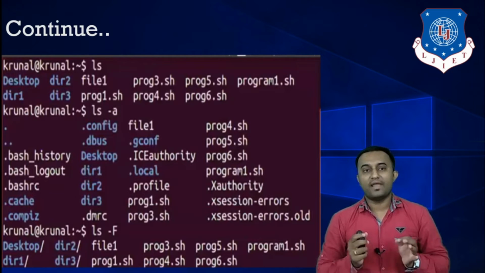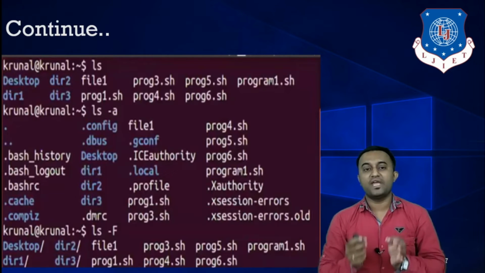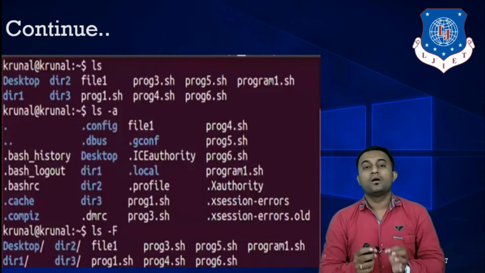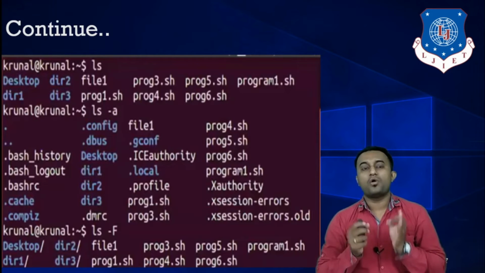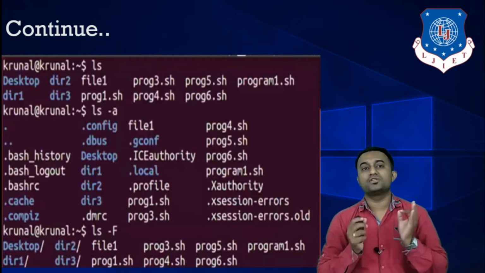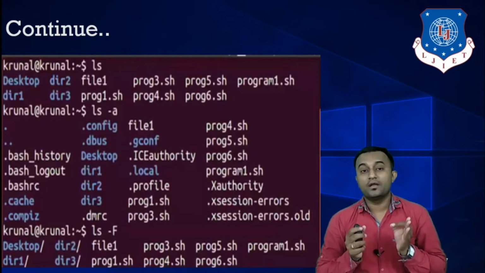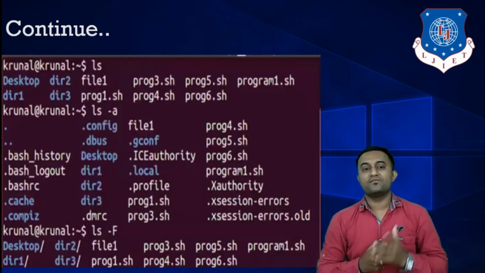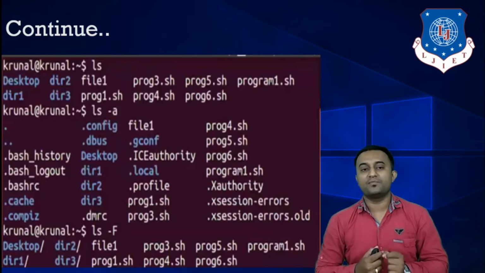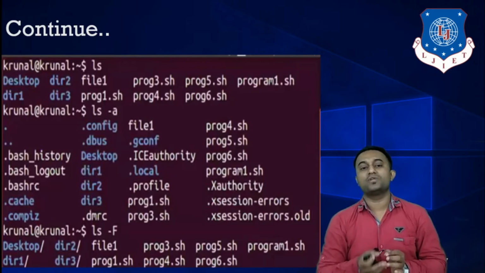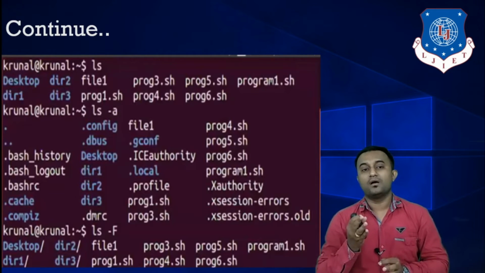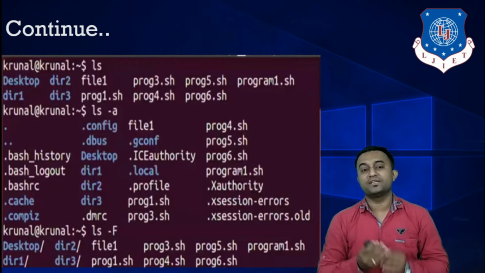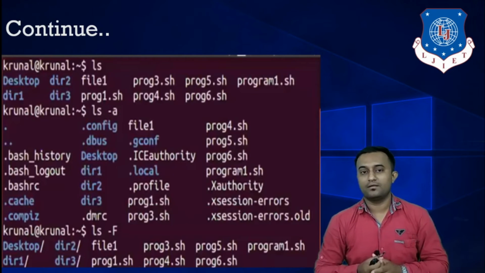But once you use ls -a, it will show not only ordinary files and ordinary directories, but also the hidden directories and hidden files with the help of the -a option. Same way, ls -F denotes directories with a slash, so that you can come to know that the name which ends with a slash is a directory, not a file.